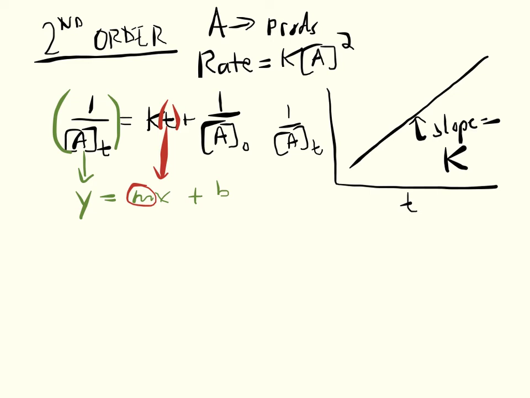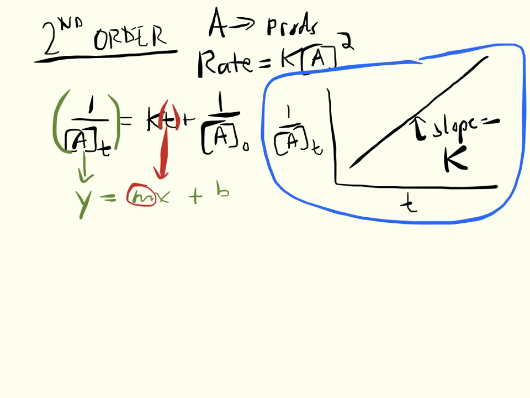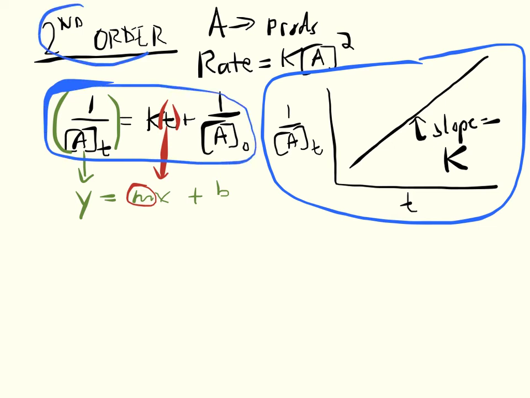So what you need to be able to recognize here is if you have this graph that has 1 over A sub t on the y-axis and t on the x-axis, you know that it's second order.